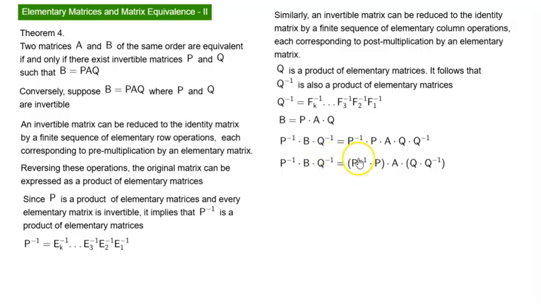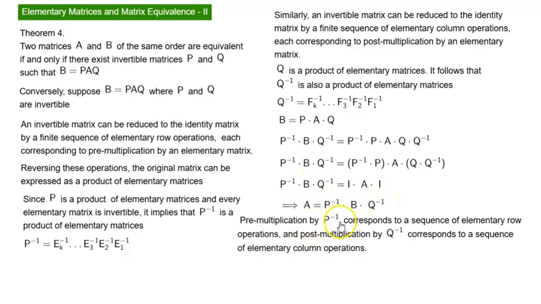Now if we group P inverse and P, Q and Q inverse, what happens? Those products will be the identity. So we end up with P inverse times B times Q inverse is equal to I times A times I. And I times A times I is nothing but A. So we have A is equal to P inverse times B times Q inverse.